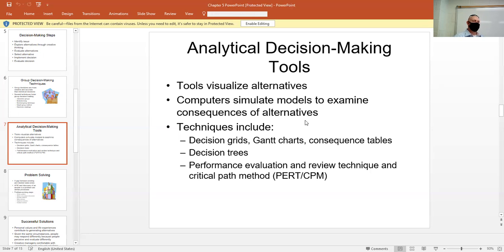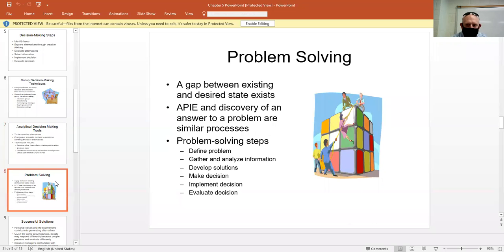Like I said, sometimes the best choice is the one with the safest consequence. Depending on your situation, that might be what you need to base it on. Decision trees, which is kind of like a flow chart type deal. Performance evaluation and review technique, critical path method. That's talked about in the book deeper.